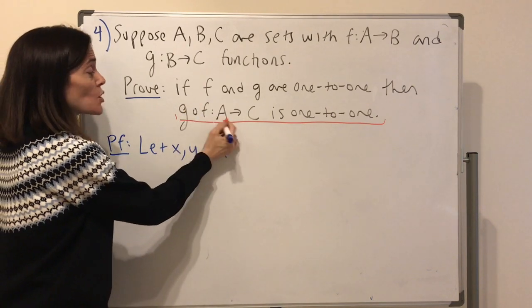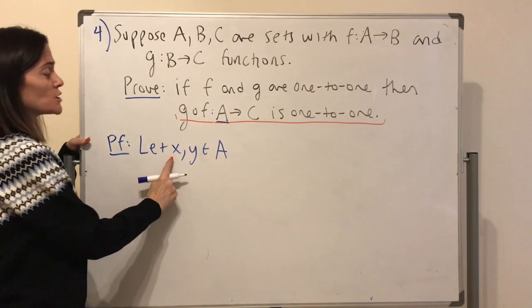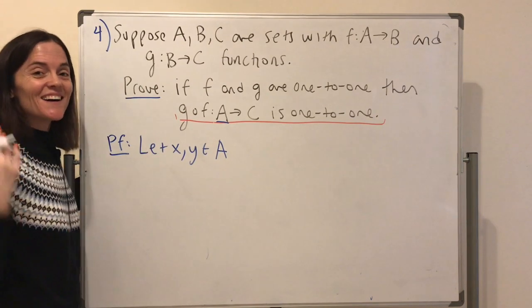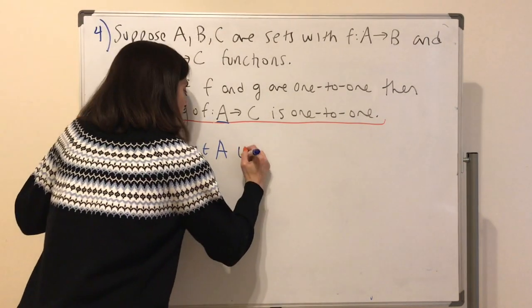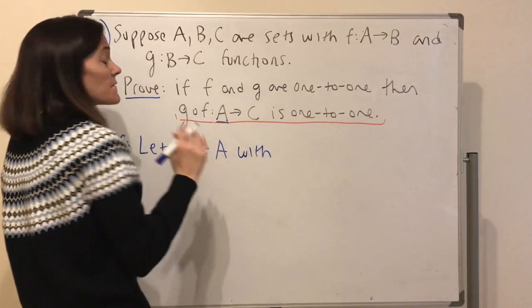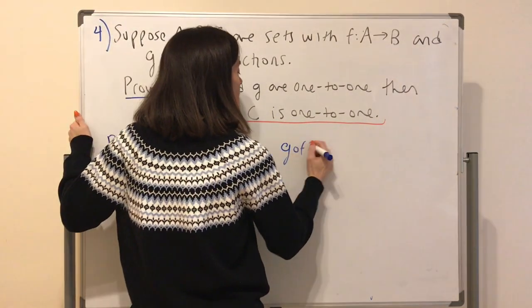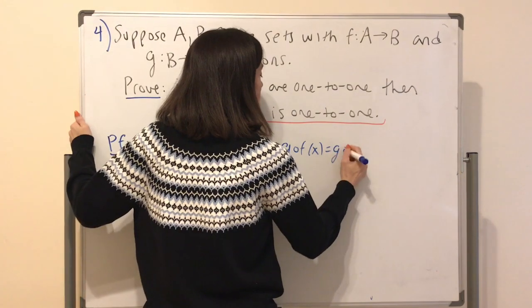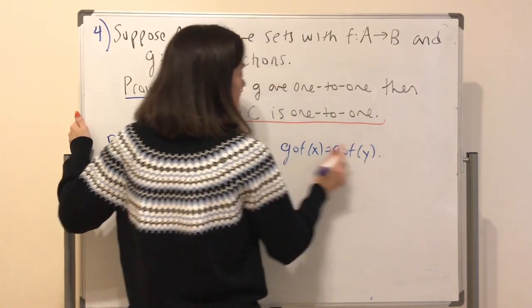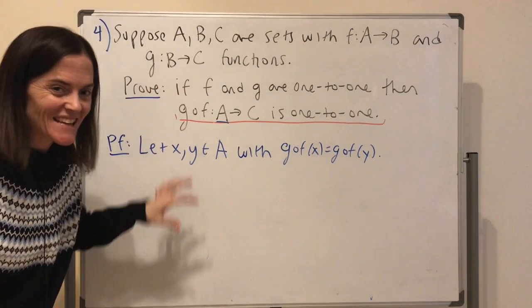And A is the domain of G compose F. So we take two elements in the domain of G compose F with the function value being equal. And this is whatever function we're trying to prove one-to-one generally, but in this case, this is the function, right?